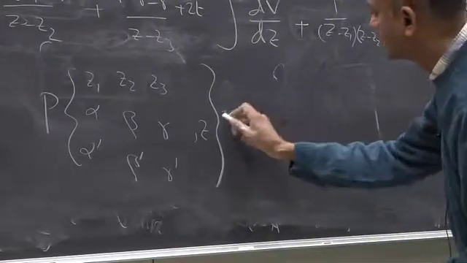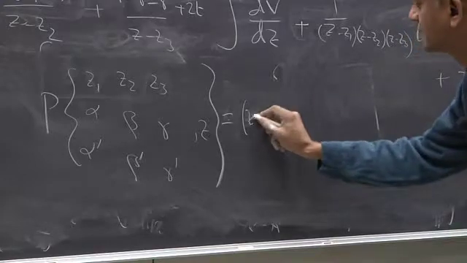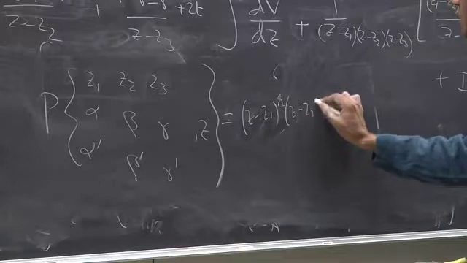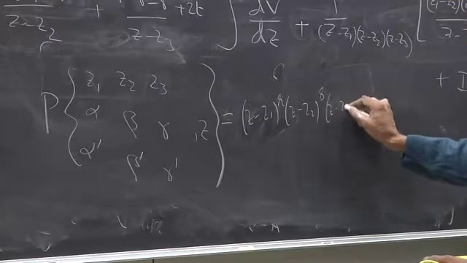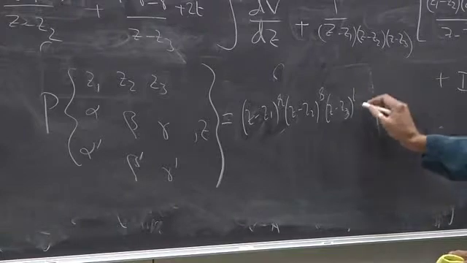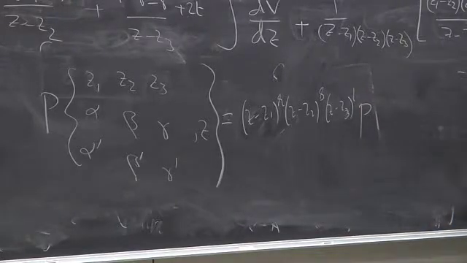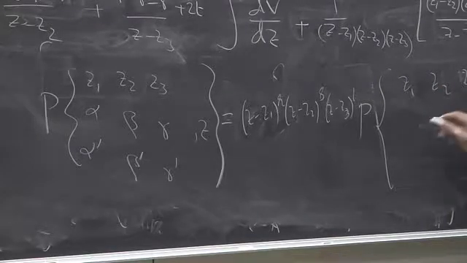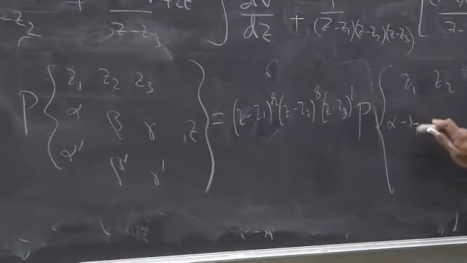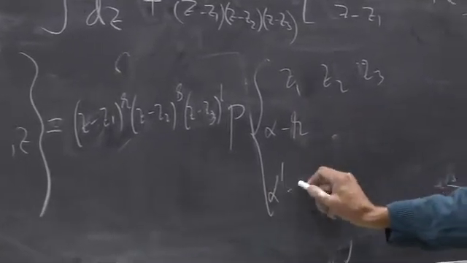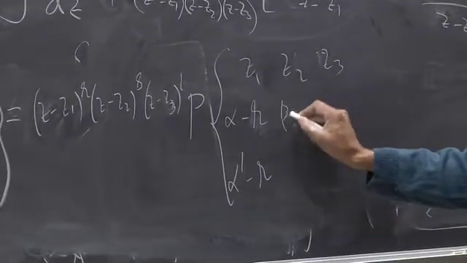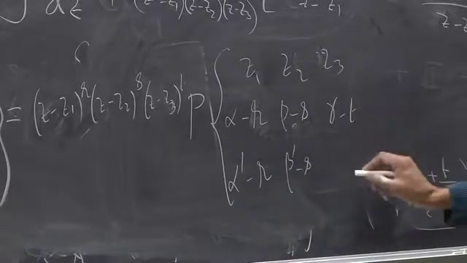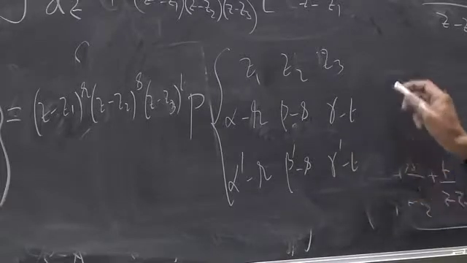So this is equal to the factor (z minus z1) to the power r, (z minus z2) to the power s, (z minus z3) to the power t, times P of z1, z2, z3, alpha minus r, alpha prime minus r, beta minus s, beta prime minus s, and gamma minus t, gamma prime minus t, z.